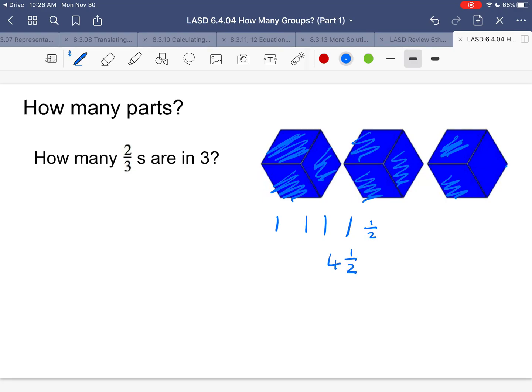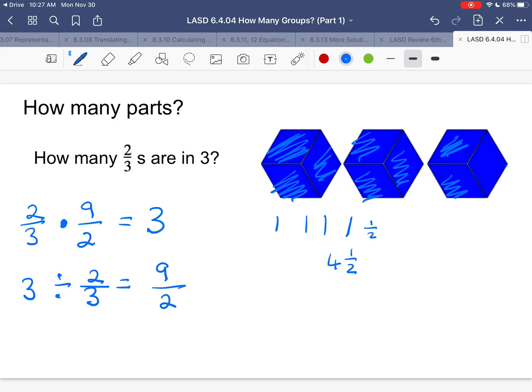So I could say 2/3 multiplied by 4 1/2, which is 9/2, equals 3. Or for division, I could say, how many 2/3 are in 3? 3 divided by 2/3 equals 9/2, or 4 1/2.